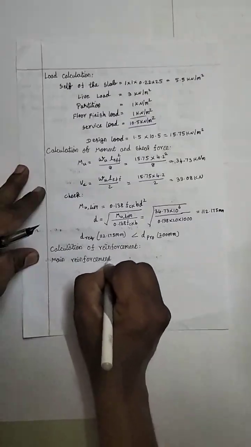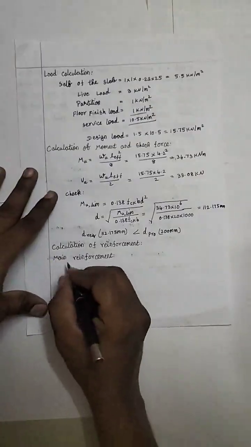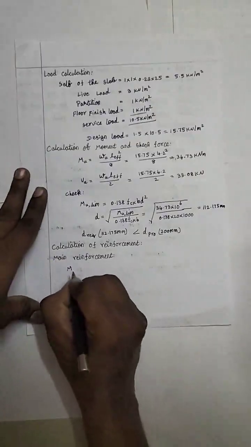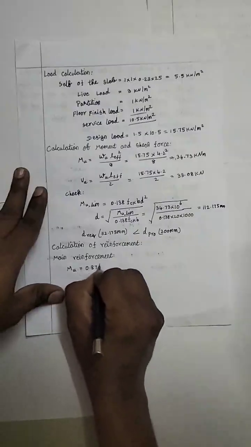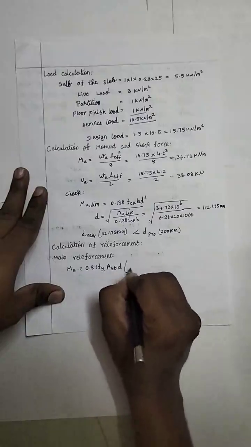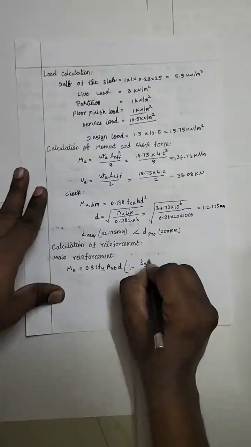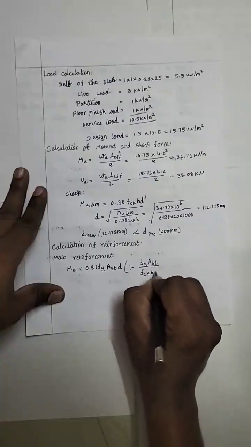In order to calculate the main reinforcement, we are going to use the formula which is available on page number 96 of IS 456, that is Mu equal to 0.87 fy Ast d into 1 minus fy Ast divided by fck b d.